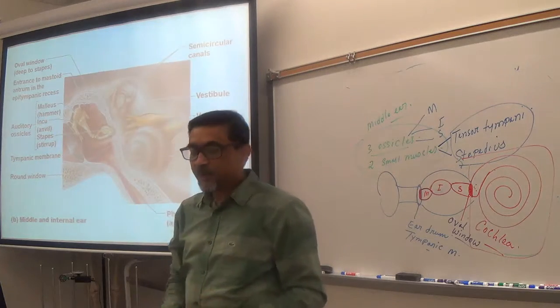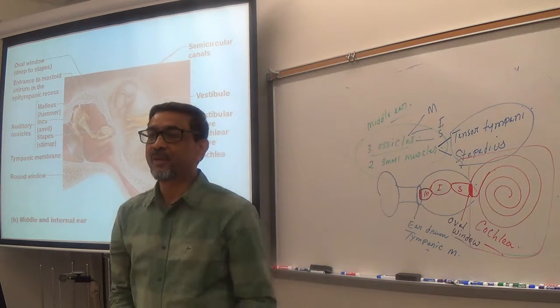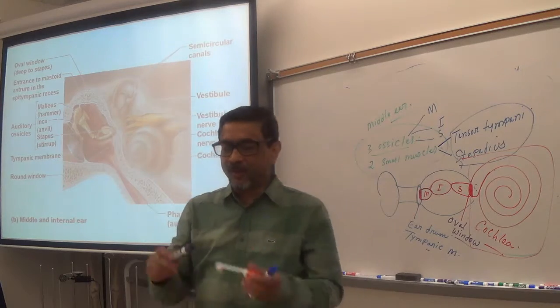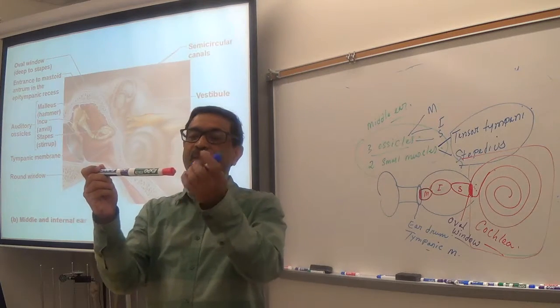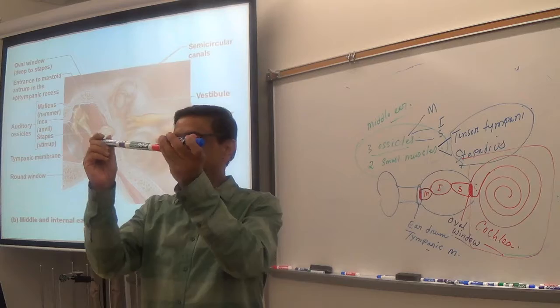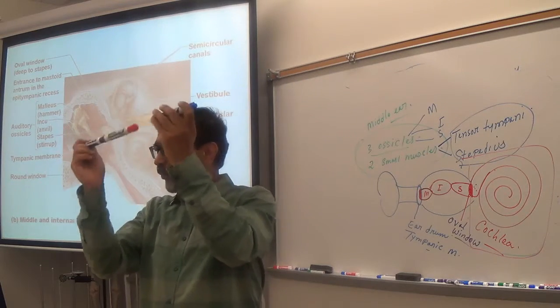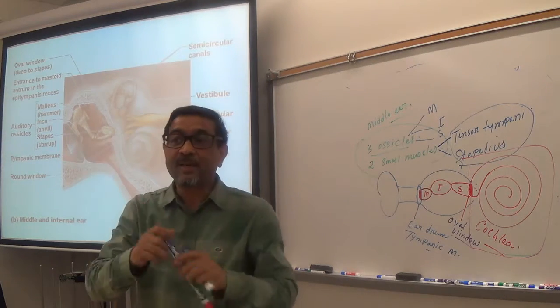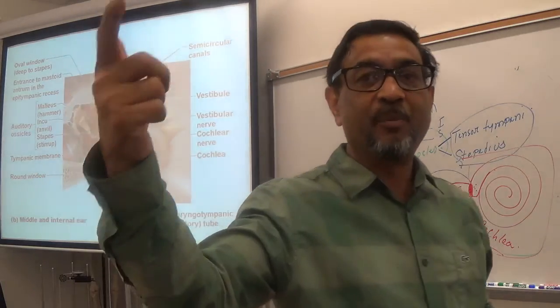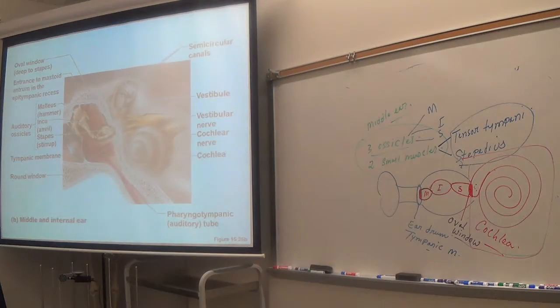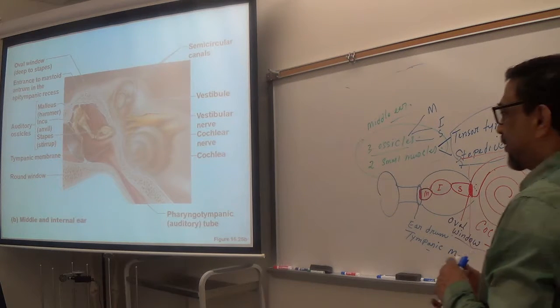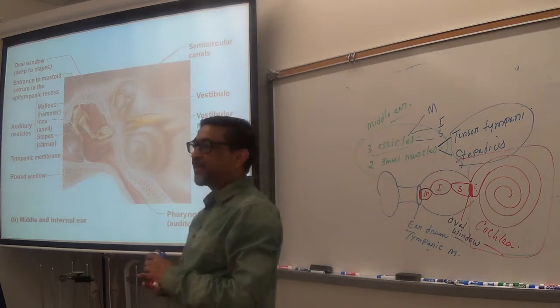Now, why do you have three ossicles in the middle ear? Why not one? Because three ossicles are attached to each other and they can move like this at the joints, and that amplifies the sound pressure many folds, many times. So it works like a lever, amplifies the sound pressure many times.